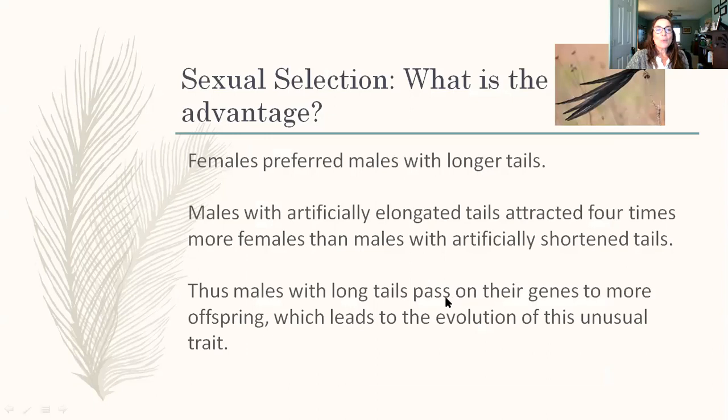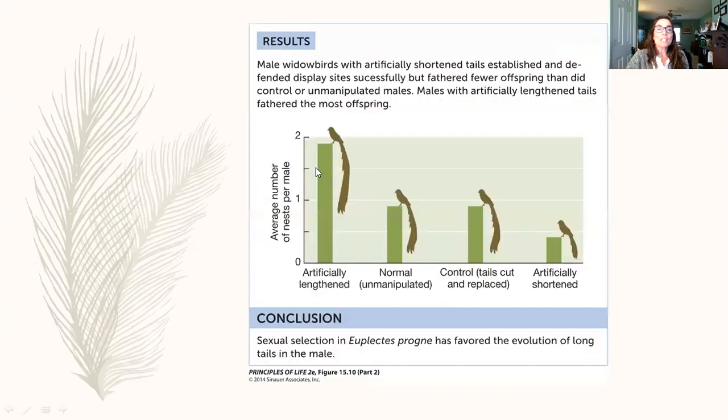And so these males are the ones that get to pass their traits on down to the most offspring. And so that trait persists in the population. Those alleles persist at a high frequency, even though they don't make the organism more fit for survival.